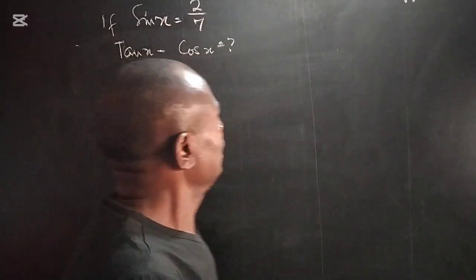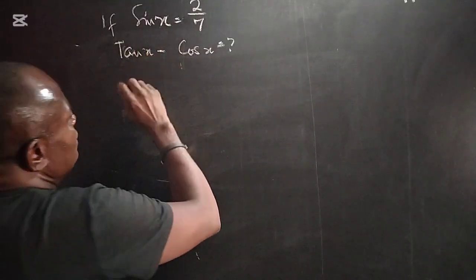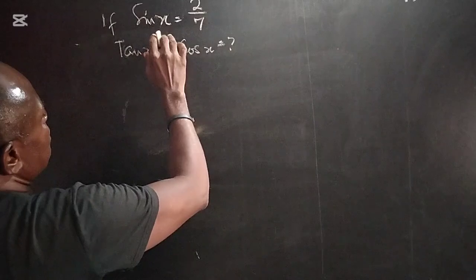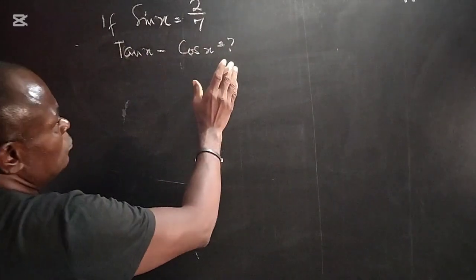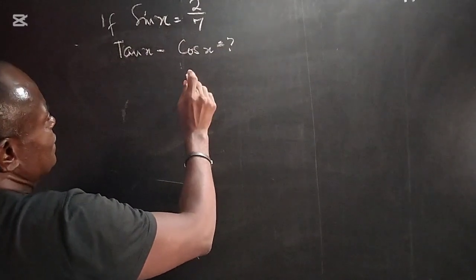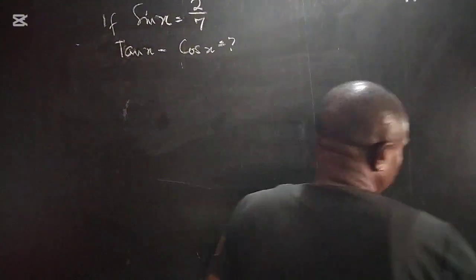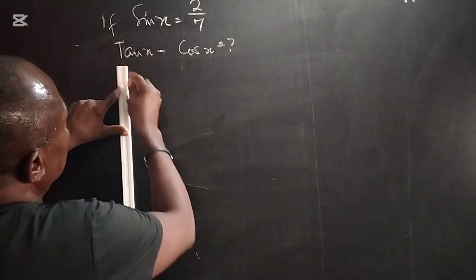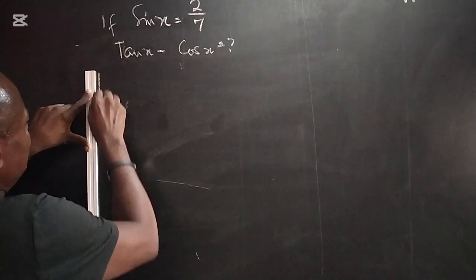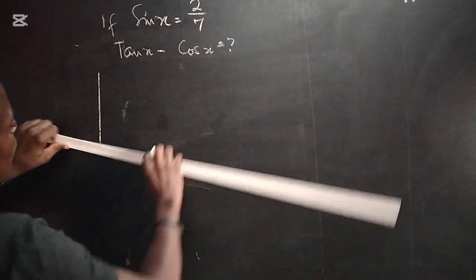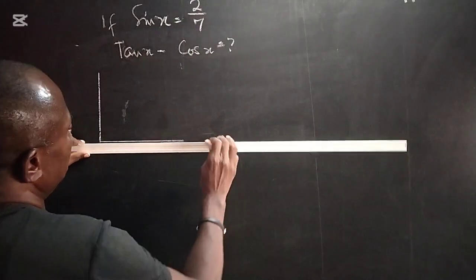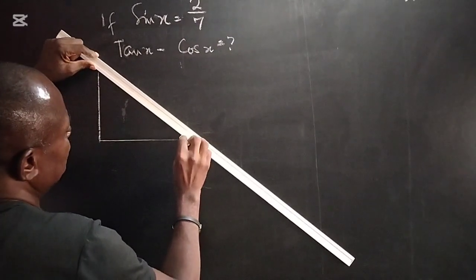All right. Now, this particular problem is taken from the properties of right angled triangle. So for a right angled triangle, if we have a right angled triangle this way, ensure that we draw it so that it looks good.